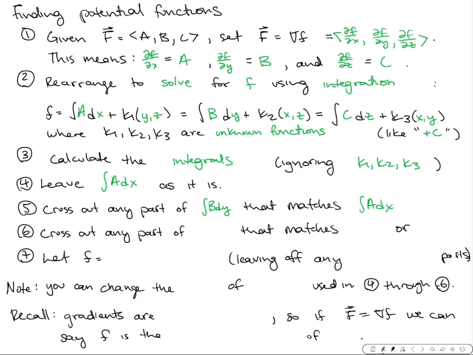And then you'll go down the line, you'll look at your third integral that you could possibly calculate, integral of c dz. And after you calculate that integral, you're going to cross out any part that matches what you got from a dx or the integral of b dy.